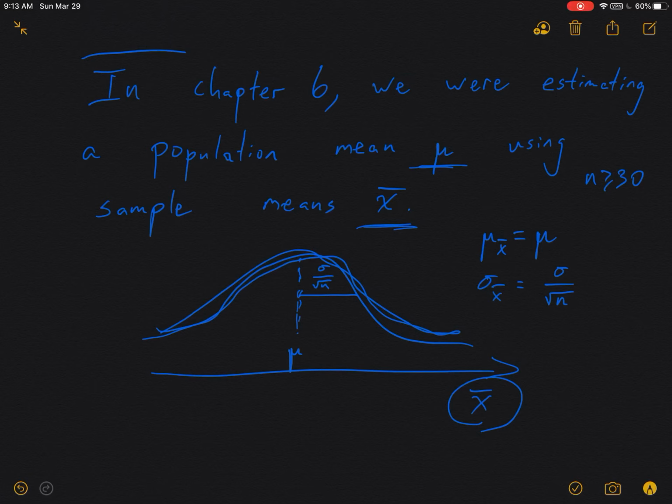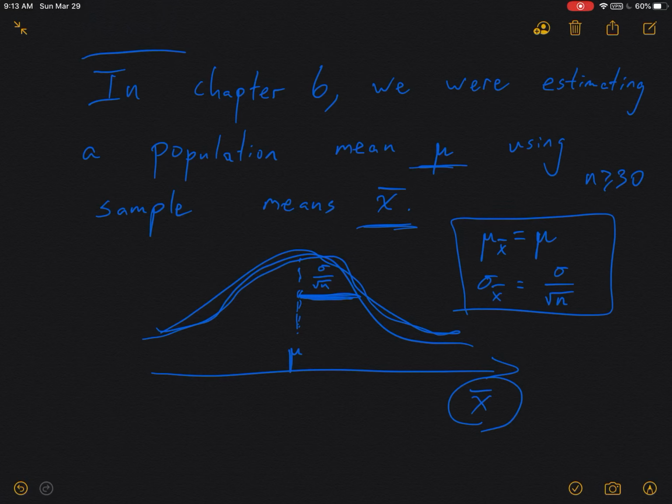And the average of all of those sample means will be mu, and the standard deviation of the sample means will be the population standard deviation divided by the square root of n, where n is the sample size. And that's what's summarized in this little box over here. So that's what we talked about in Chapter 6.